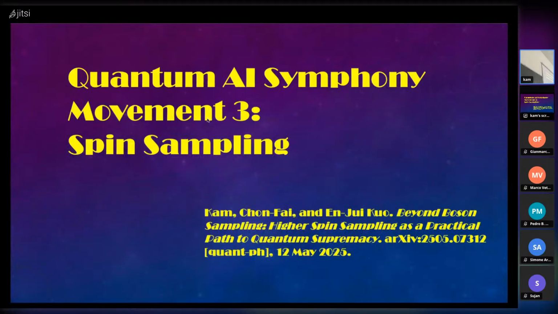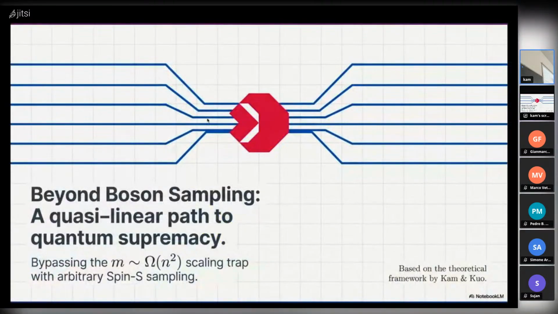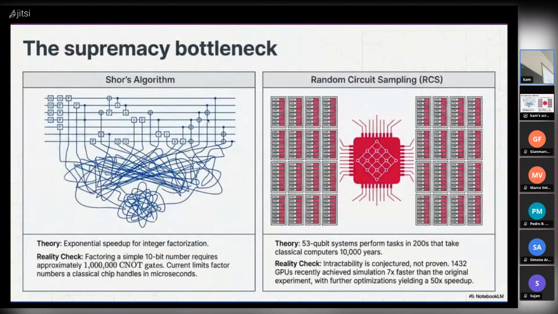Now I'll talk a little bit more because it's related. I wrote something before, not on photon sampling but spin sampling, and I improved it a little bit. So you know the general picture: for this kind of textbook example, the algorithm beats the classical computer.